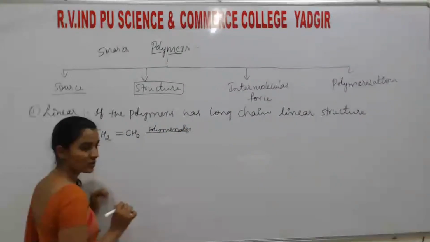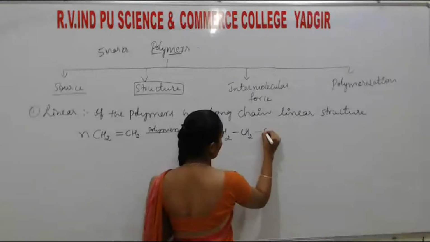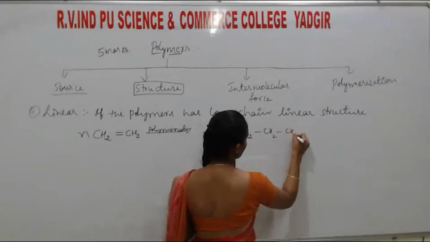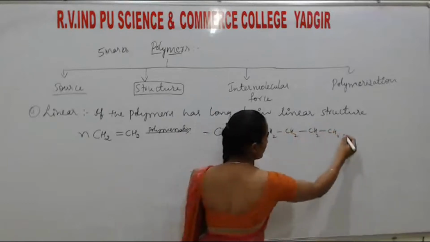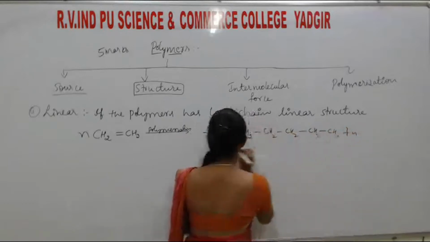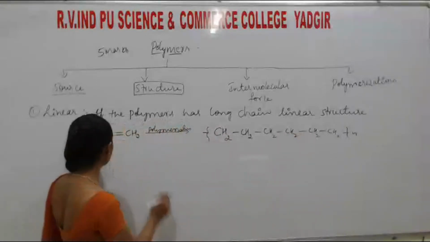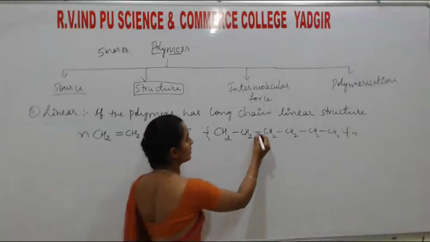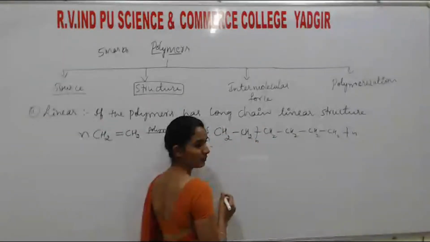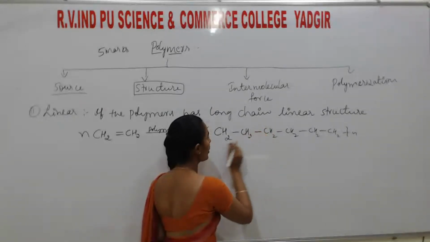So it is continuously bonded like CH2 single bond CH2, CH2, CH2, CH2. Correct? This continues n times. The repeating unit is CH2 single bond CH2, n times. I wrote this in a straight chain, so here there is no branching, students.